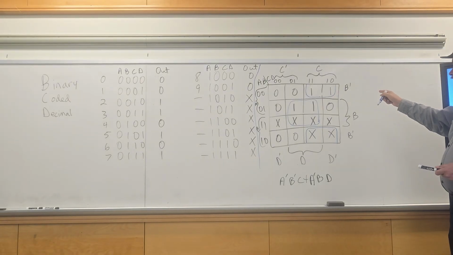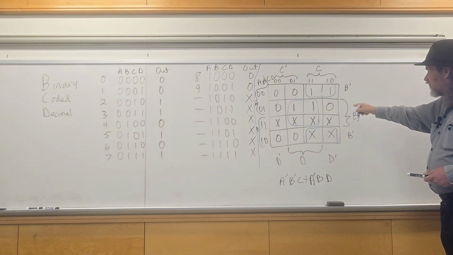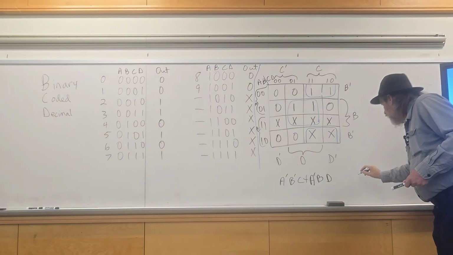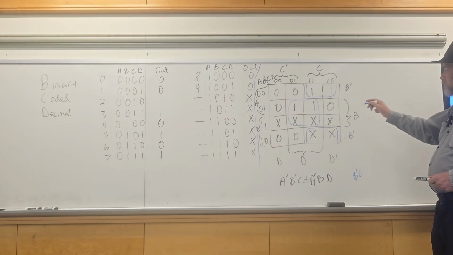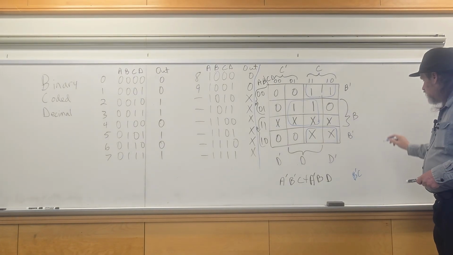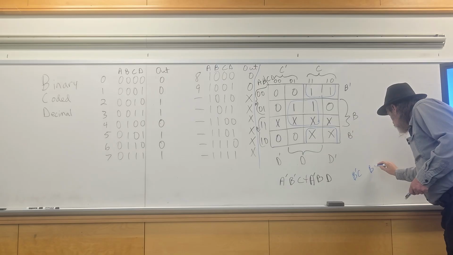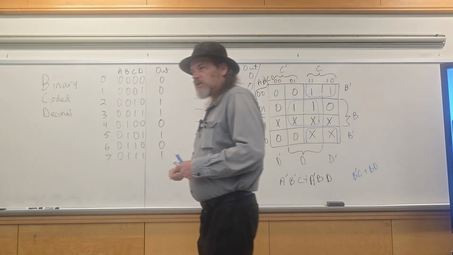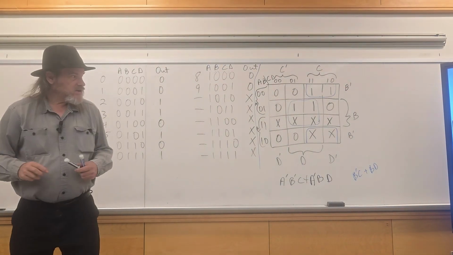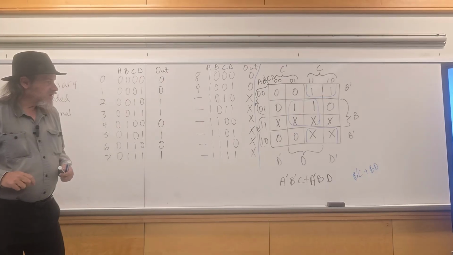And that would be B prime C, and BD, because you're including the X's in the terms.